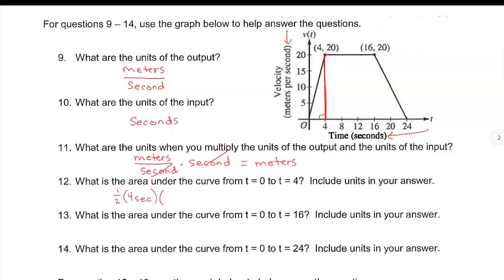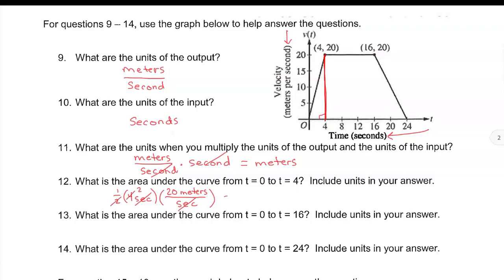The height of the triangle goes all the way up to 20 and the units are meters per second. So let's write that as a fraction. 20 meters per second. Now you can see the seconds unit will cancel when you multiply. But I also have more numbers here. 1/2 times 4, or 2 cancels with 4 and leaves a 2 behind.